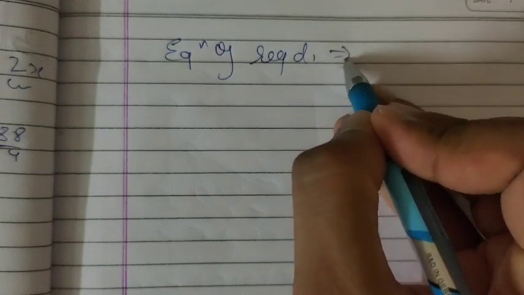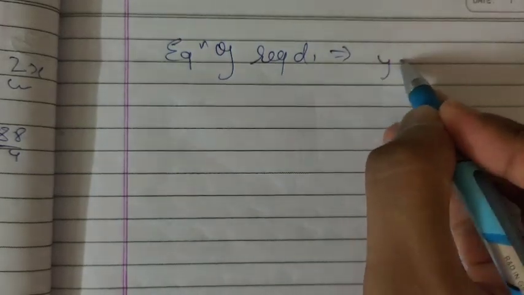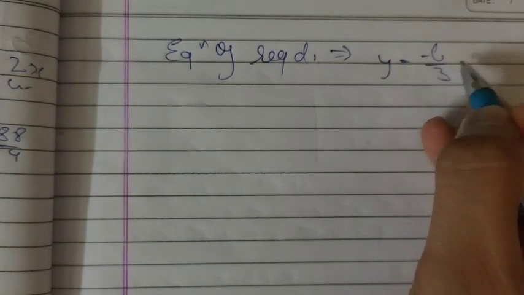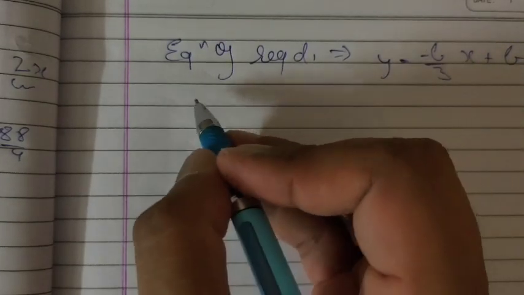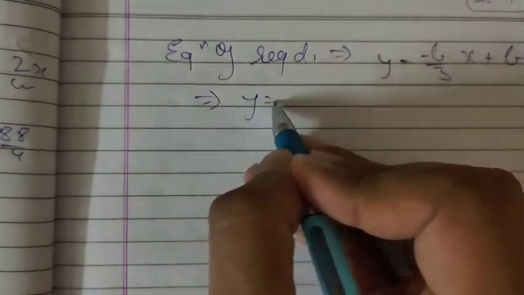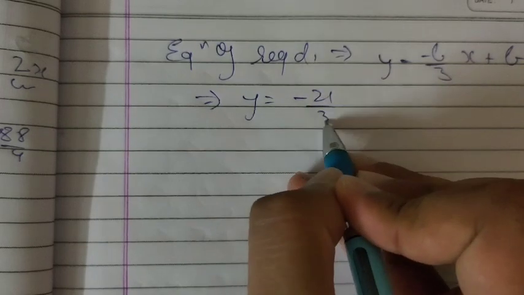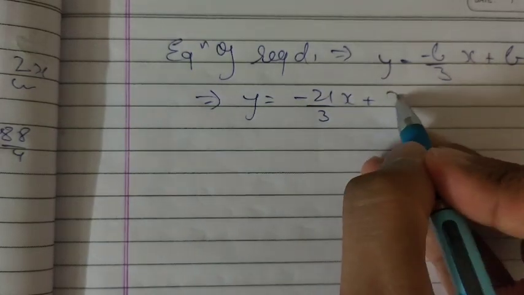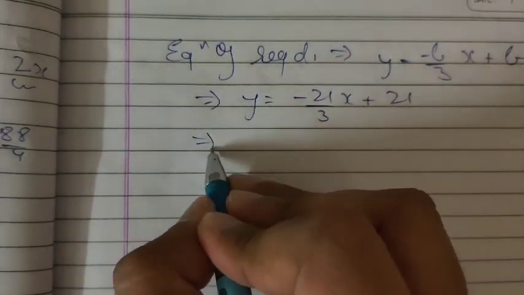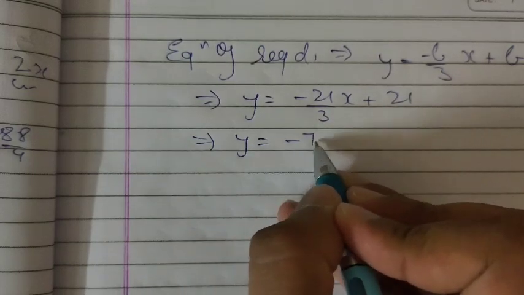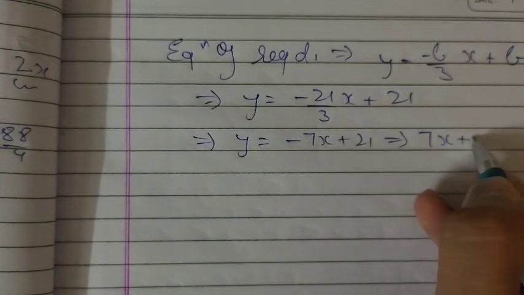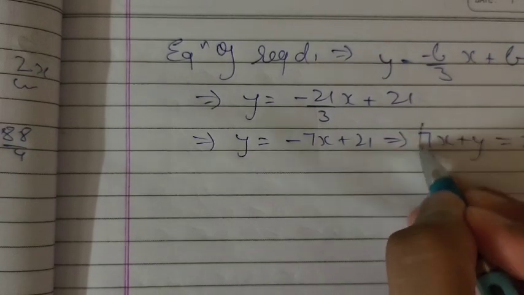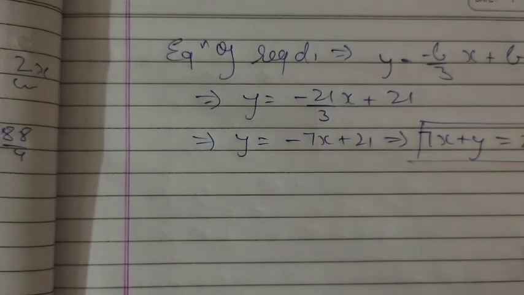The b value is 21 now, so putting the value, y is equal to minus 21 upon 3 x plus 21. This implies y is equal to minus 7x plus 21, or we can say 7x plus y is equal to 21. So this is the required equation.